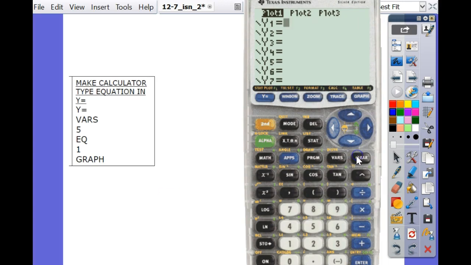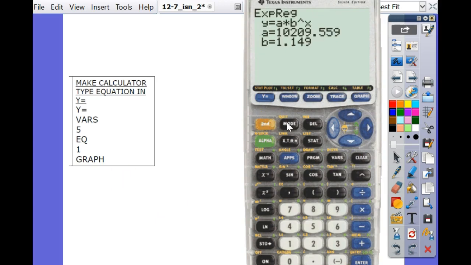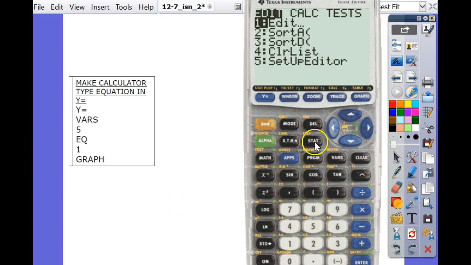Push enter and see my calculator put that equation right there in the y equals. I'm going to do it again in case you missed it. Now, it doesn't do anything unless you have the equation on the home screen. Okay, how did I get to the home screen? Do you have the data in?